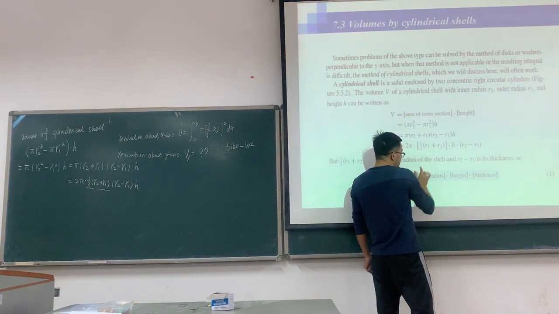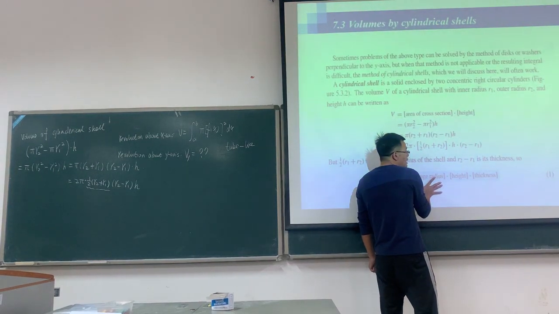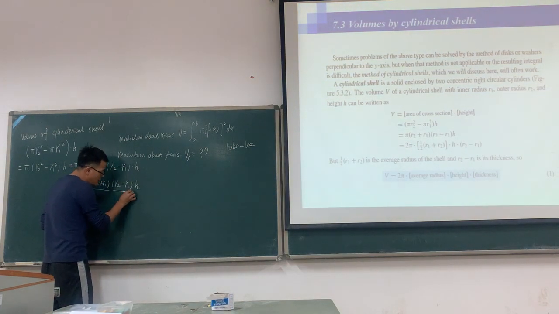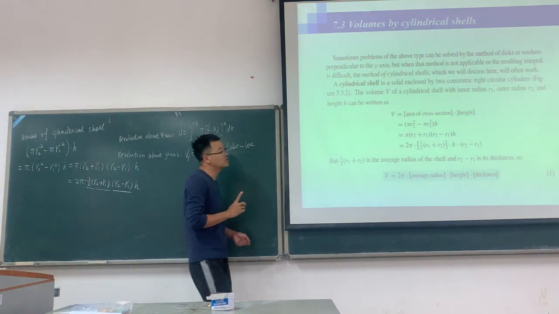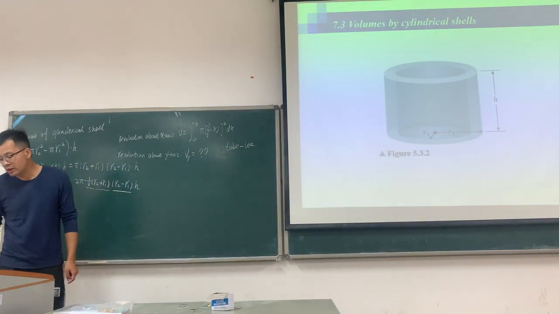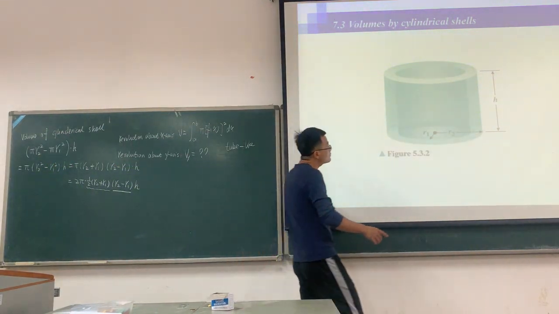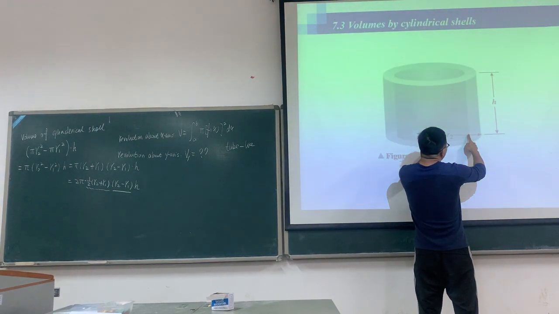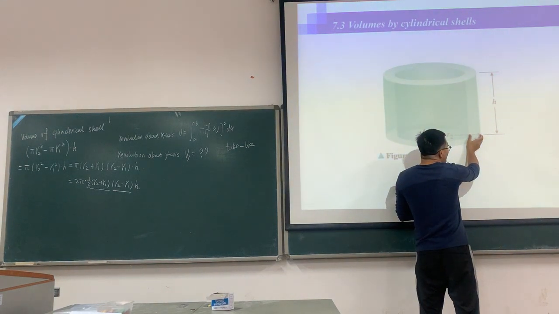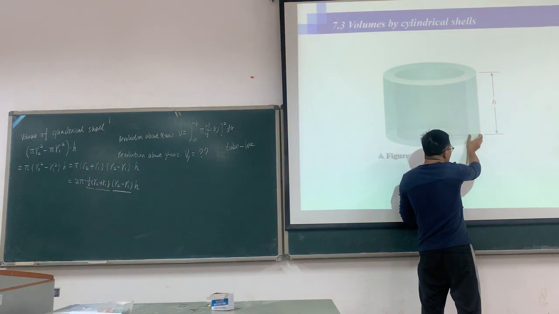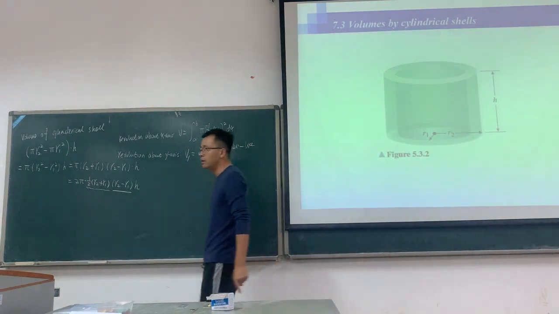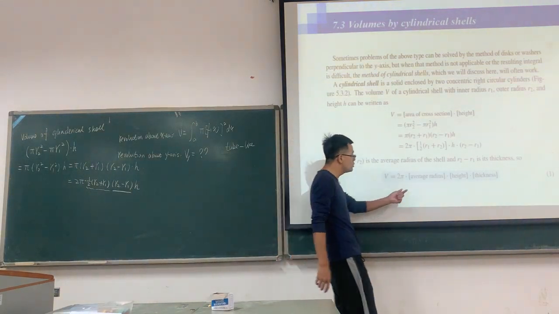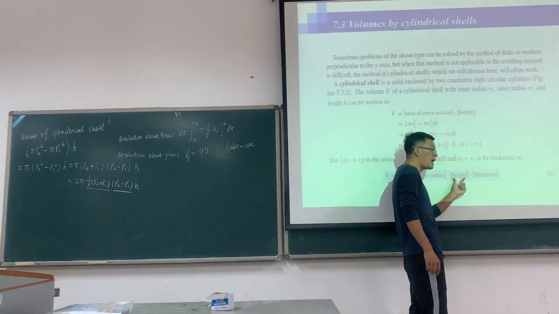So this part is the average radius. And R2 minus R1 is the distance, which is the thickness. So it means the average radius times the thickness times the height.